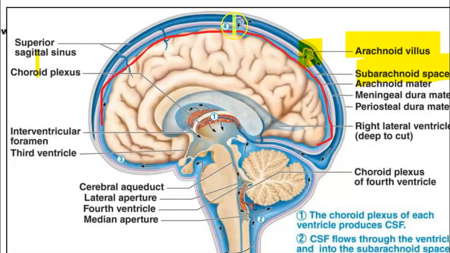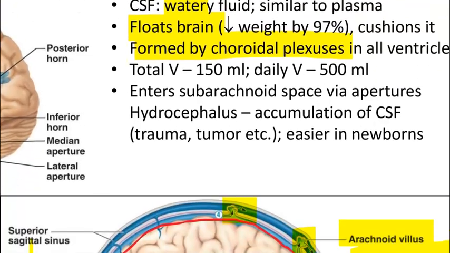So this is one villus, another villus. So basically, what I want you to appreciate is that we have a faucet that produces the fluid, and we have the drainage that removes the fluid from the subarachnoid space back into the blood.